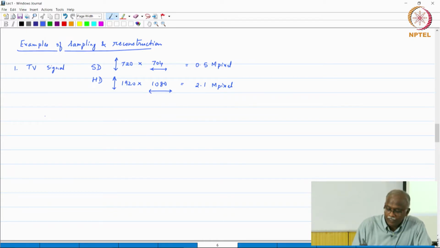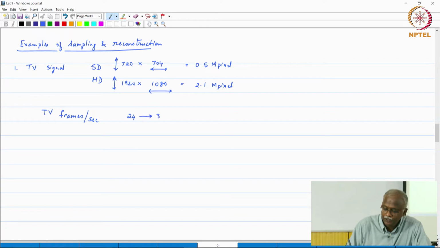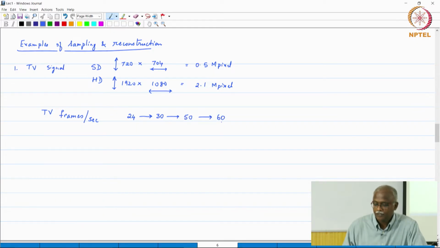After that, TV frames are usually referred to in terms of frames per second. Typically we started off with 24, then eventually 30, then 50, then 60. Okay, so 60 frames per second is probably the highest that we encounter today.